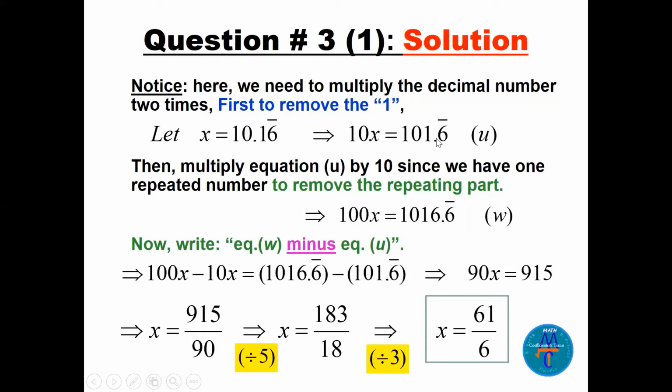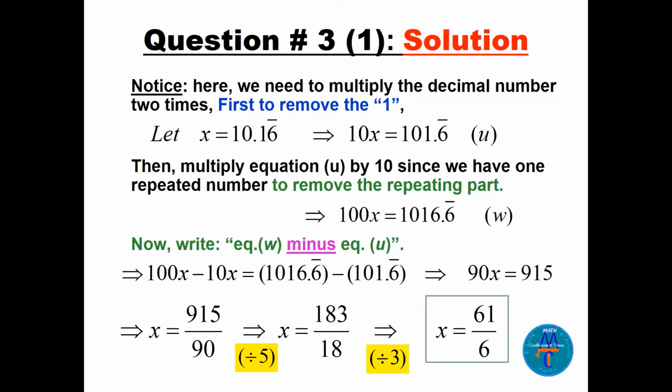So I get 101.666 repeating. Let's call this equation U. Okay, now this is like question number 2. I have 101.6 repeating. So I leave the x completely. I work with equation U.